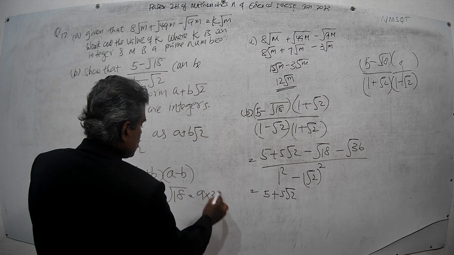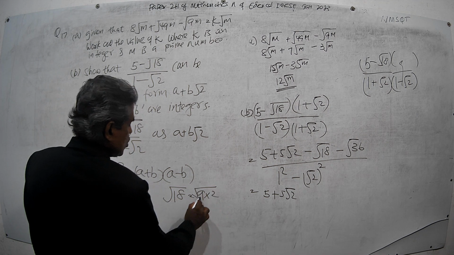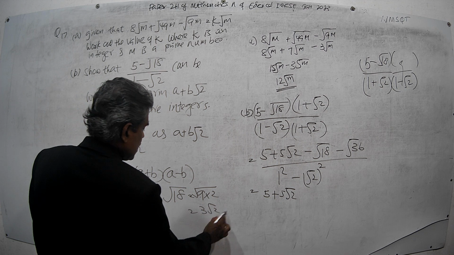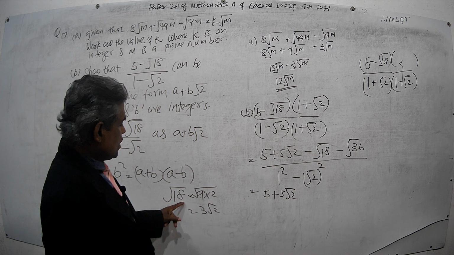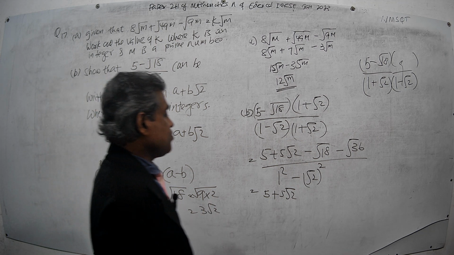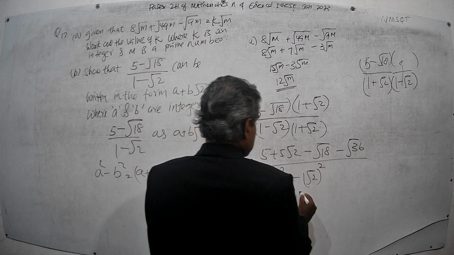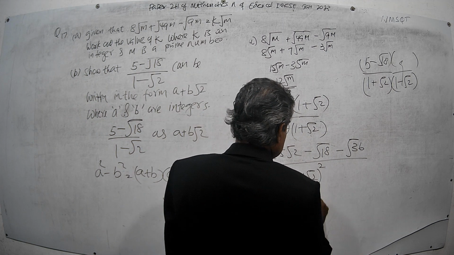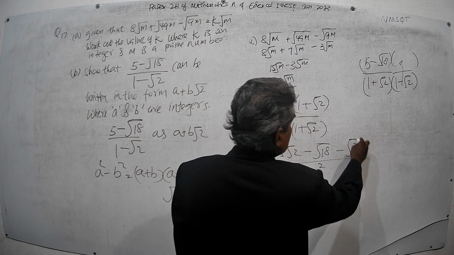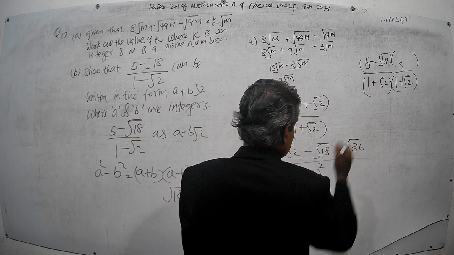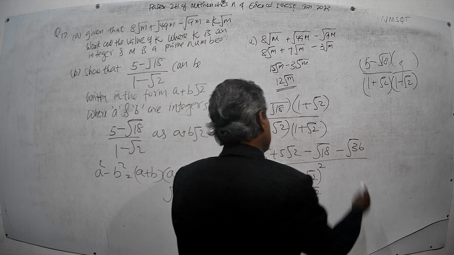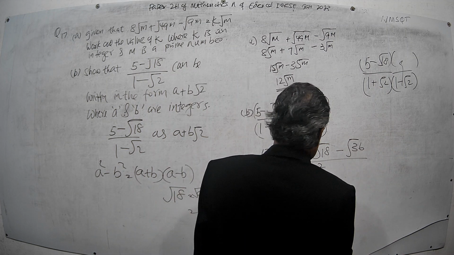Root 9 is 3, then root 2. So you can write root 18 as 3 root 2, and we write here minus 3 root 2. Then square root 36 is 6, since 6 times 6 is 36. Therefore, square root 36 is 6, then minus 6.